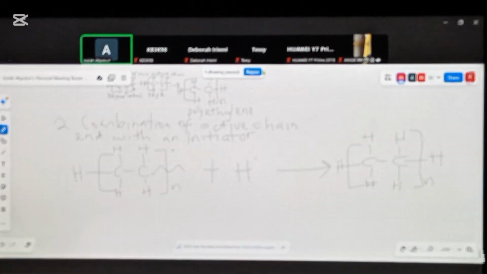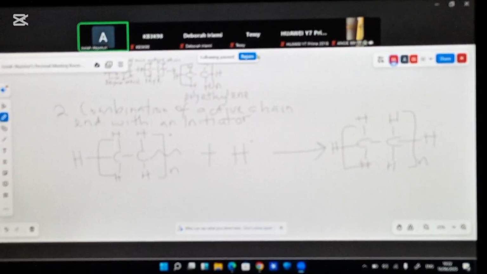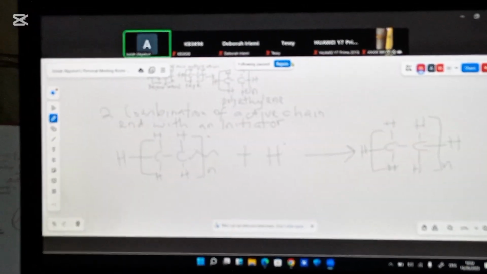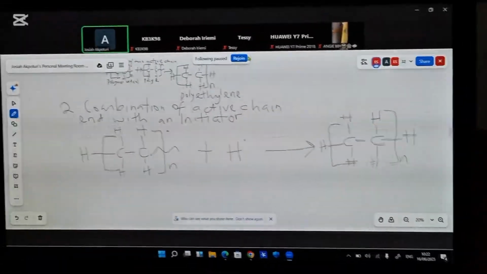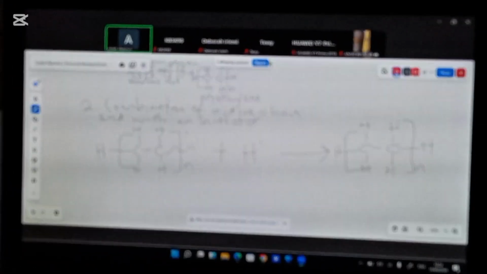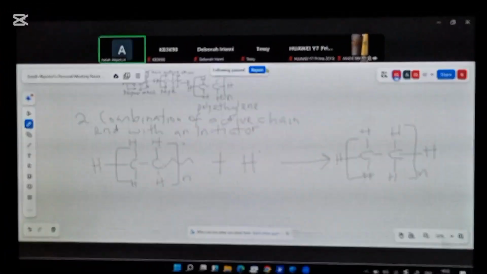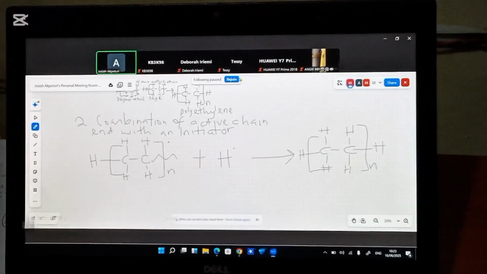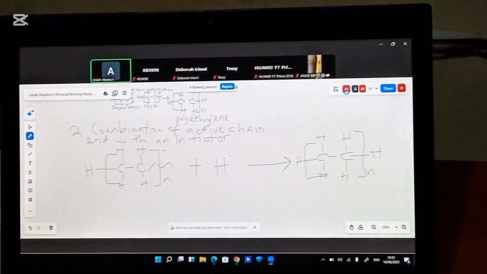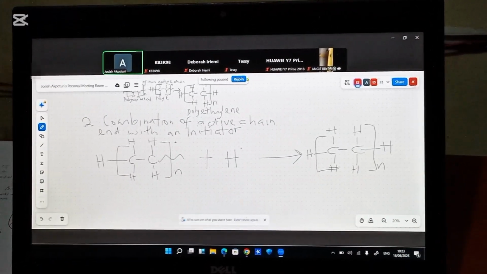The radical chain can combine with another radical to form a polymer without radical character.